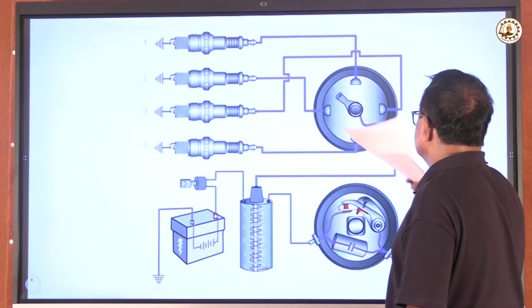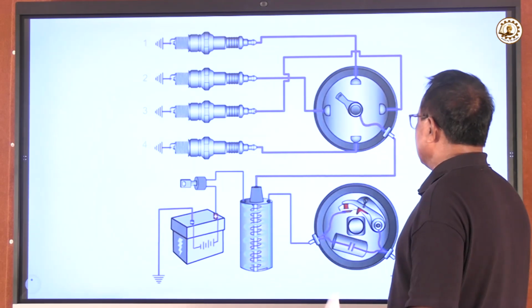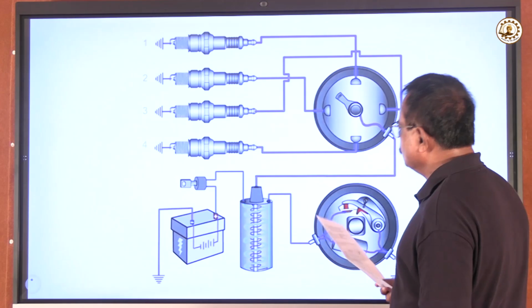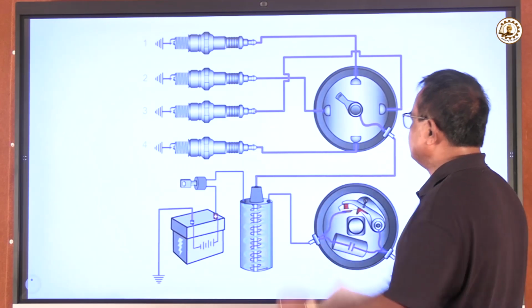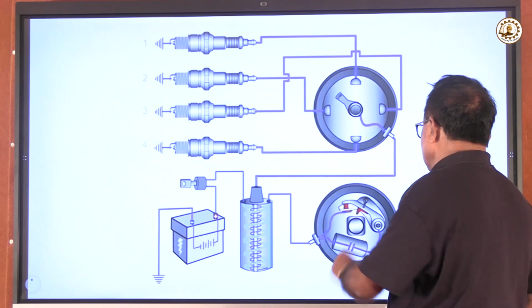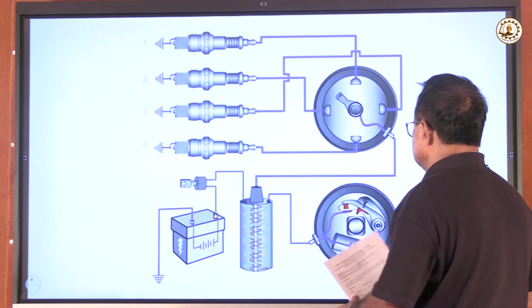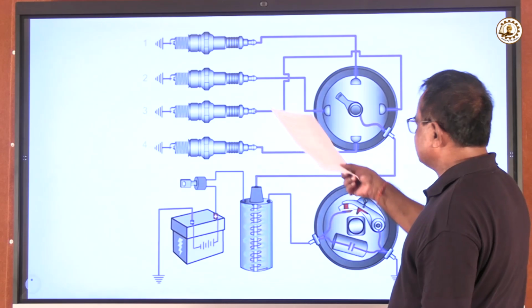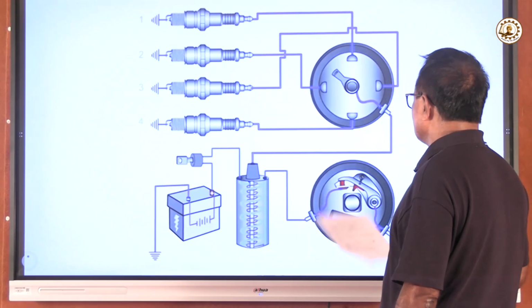This distributor is rotating as per the cam and follower arrangement, and as per our requirement, we do the firing in the cylinders. So there are 4 cylinders. If it is a 3-cylinder engine, we have a triangular cutout. So depending on the number of cylinders, we make the cutout as per the requirement.